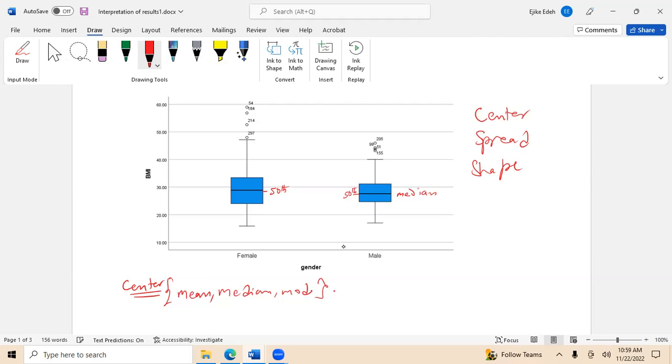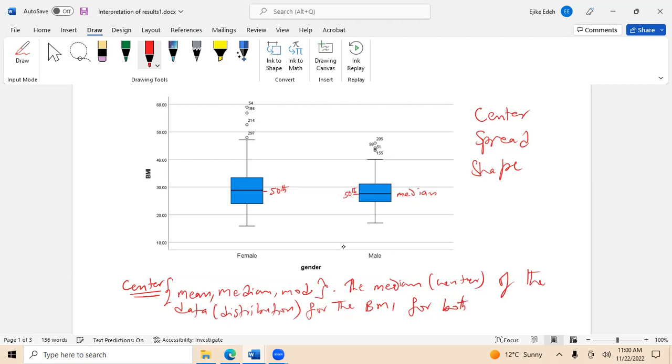So an interpretation here could be that the median, in other words, the center of the data, or you could say distribution, for the BMI for both male and female are about the same.